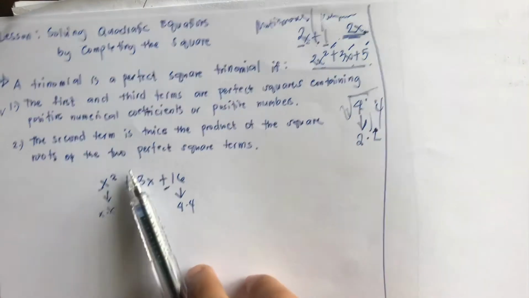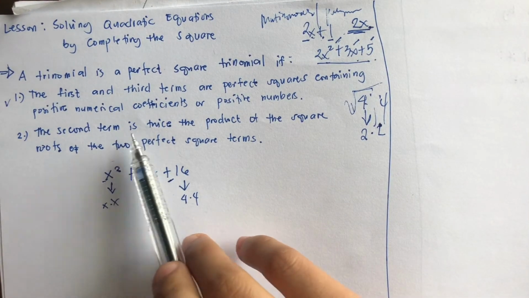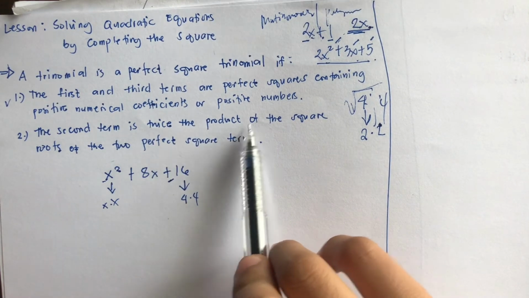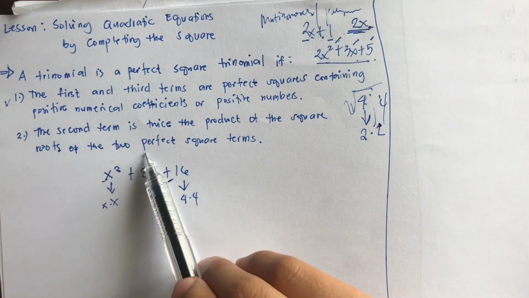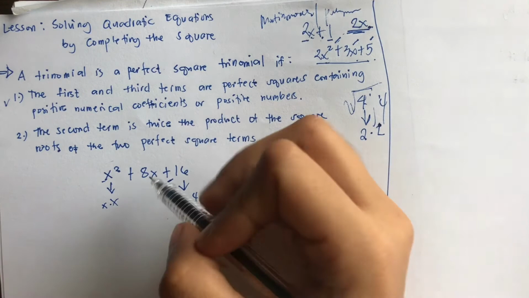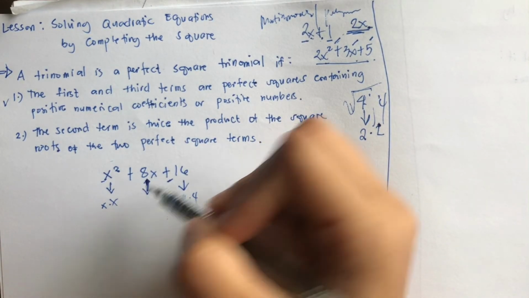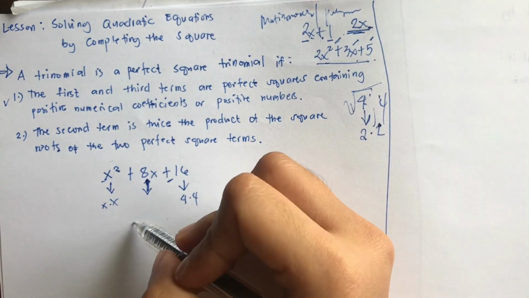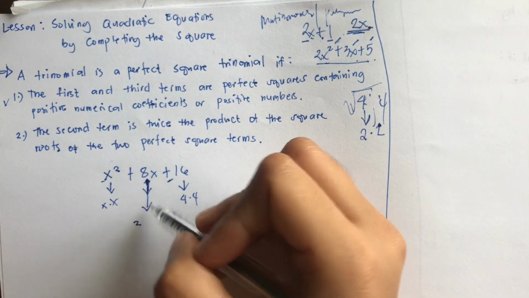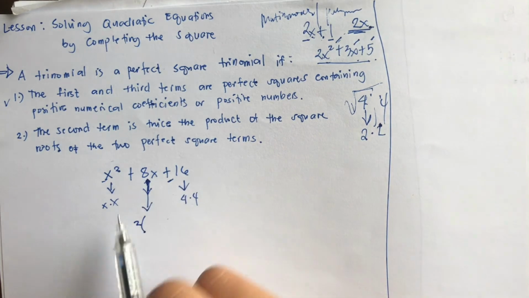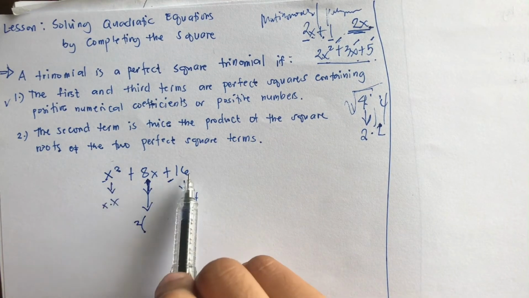The second condition. The second term is twice the product of the square roots of the two perfect square terms. So, ang ato kuno second term, kaning coefficient nato sa second term is twice the product. That means 2 times ang product ng roots sa first o ang third term.